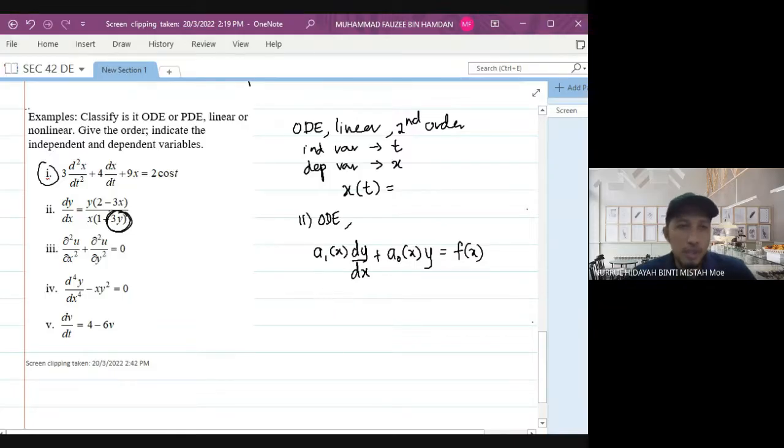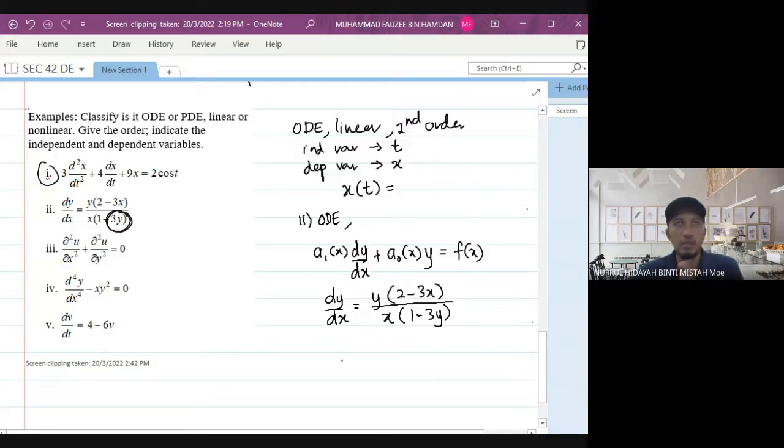So if we look at this question, dy over dx is equal to (y squared minus 3x) over (x squared minus 3y). Can we write this equation following this standard form? That is the question.